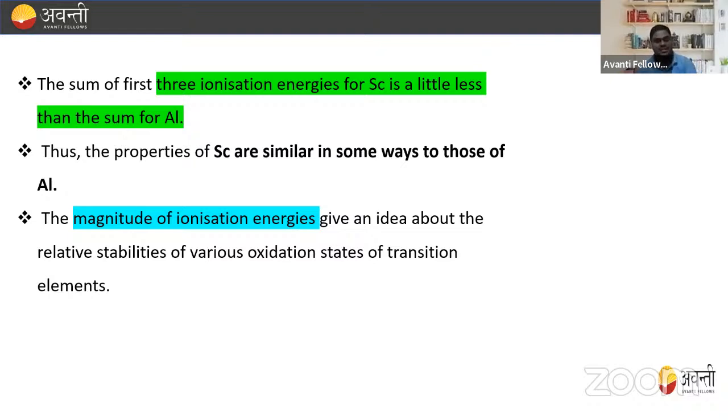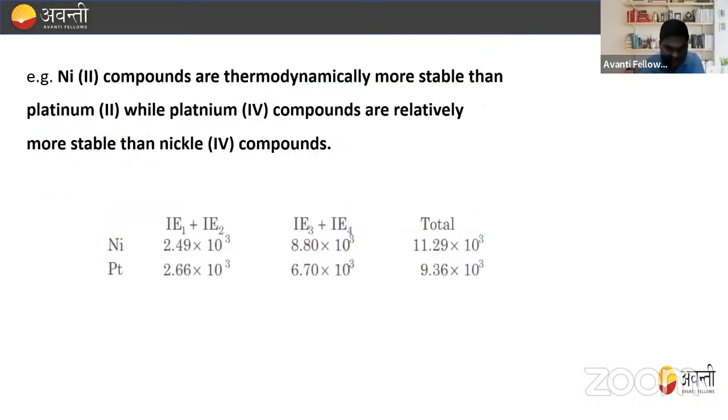The magnitude of ionization energy gives an idea about the relative stability of the various oxidation states of the transition elements, right? So this is what is happening.